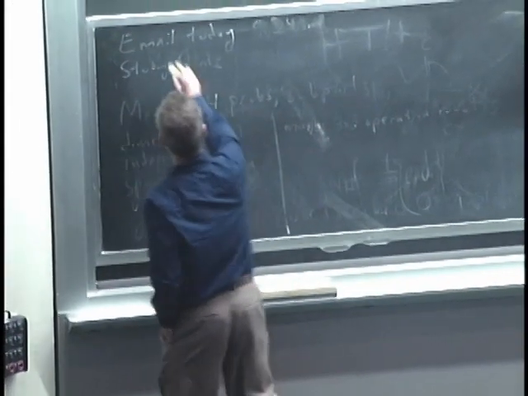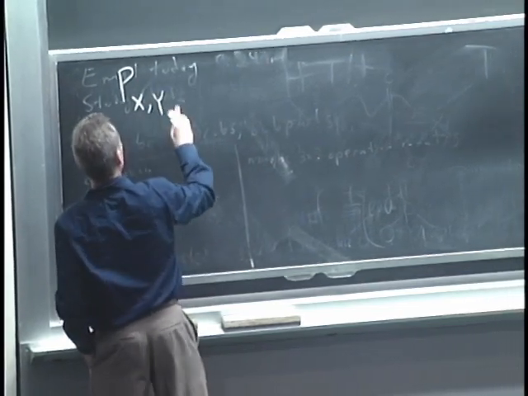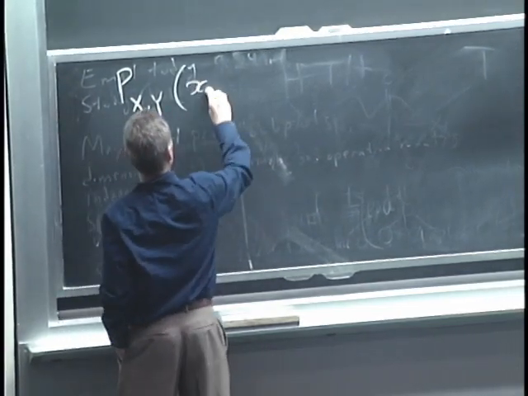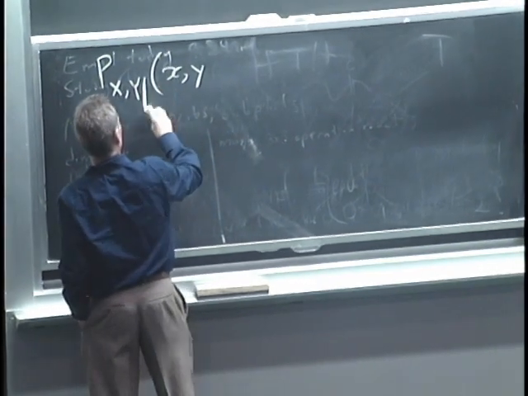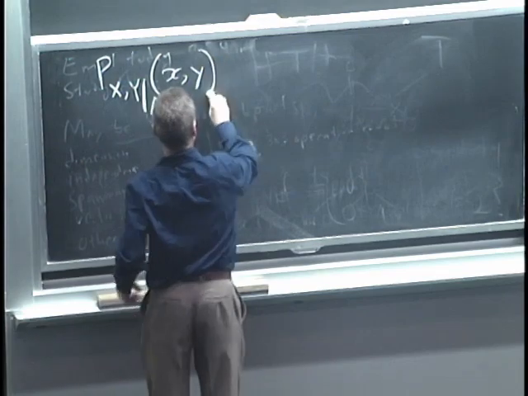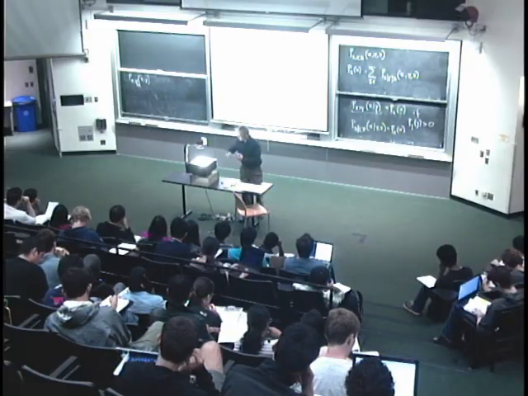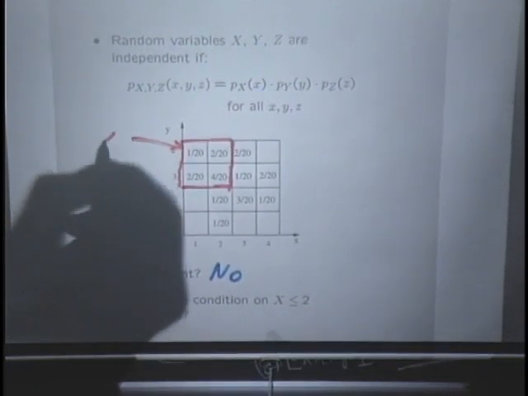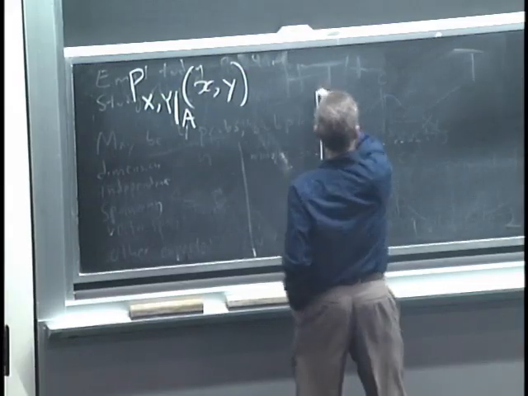Inside this universe, our random variables are going to have a new joint PMF, which is conditioned on the event that we were told has occurred. So let A correspond to this event here. And now we're dealing with conditional probabilities. What are those conditional probabilities? We can put them in a table.